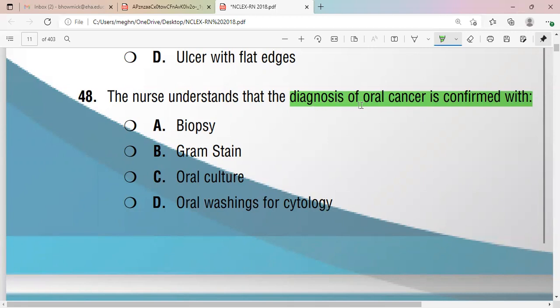So the diagnosis of oral cancer is confirmed always by biopsy. The best diagnostic tool for cancer is the biopsy. Other assessments, including checking the lymph nodes, are also important, right? But confirmation is biopsy. Answers B, C, and D will not confirm a diagnosis of oral cancer.